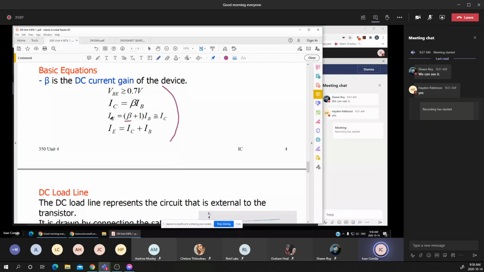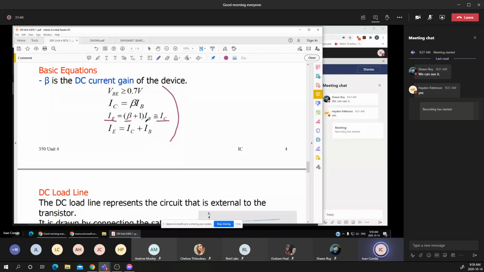And that's why we can make the approximation in our calculations that IE is almost the same as IC. The difference between IC and IE is IB, but that's a small amount of current added on top of IC. If IC is in terms of milliamps, like 5, 10, 100, 400 milliamps, IB is in microamps.